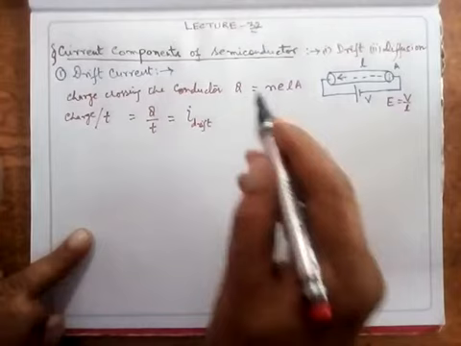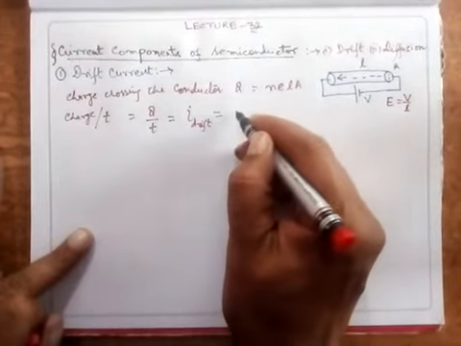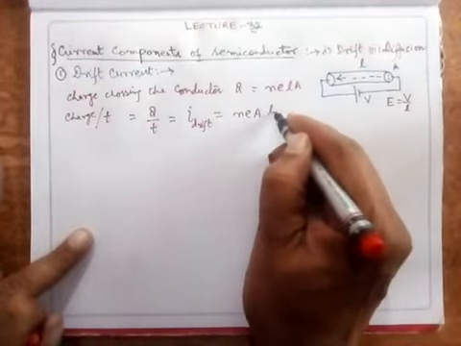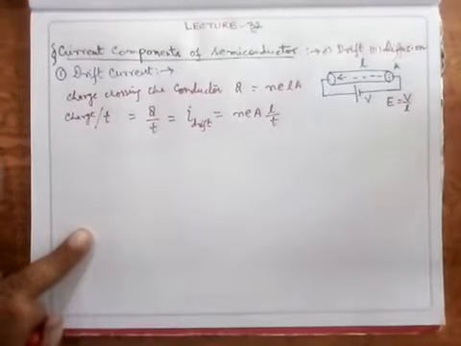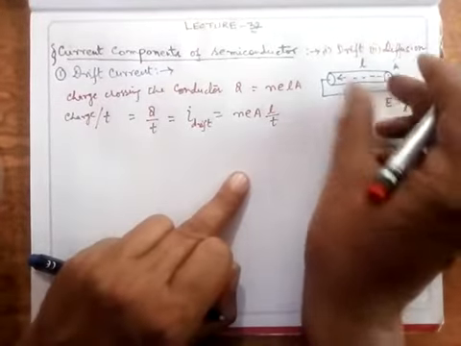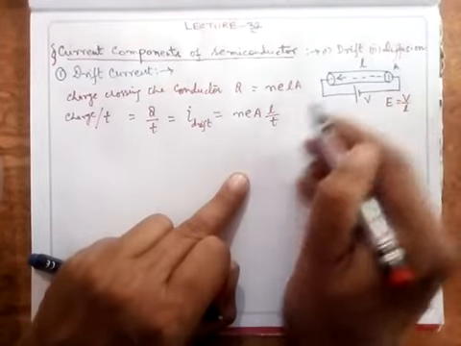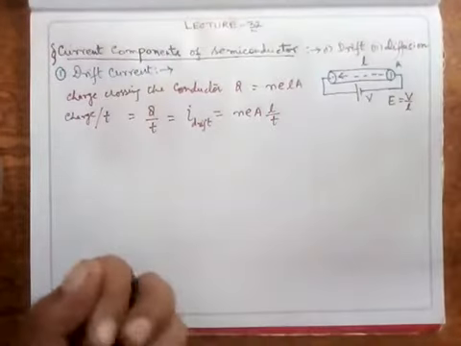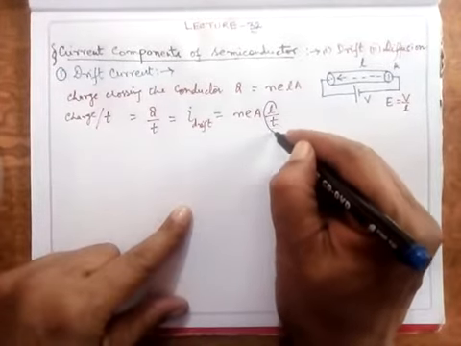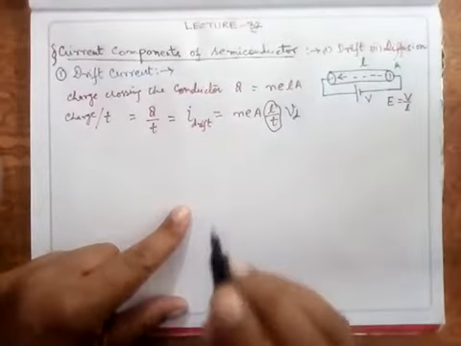It is equal to Q upon T. So I can say it is equal to N into E into A into L by T. And this L is the length which the charge has to cover from this point to this point, it travels this distance in time T. So this L upon T is the drift velocity. I have discussed this point prior to this also. This L upon T is the drift velocity Vd.